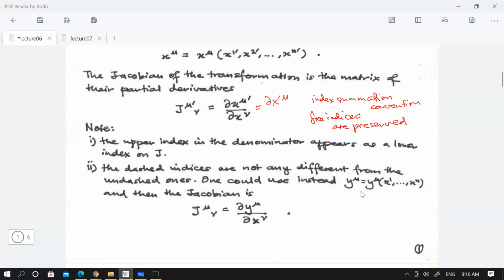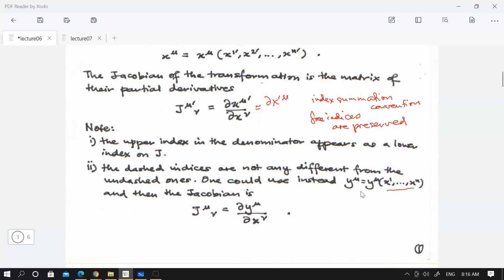Instead of x', it's really a different symbol here, y^μ as a function of x. So really, this dash doesn't say that it's a different kind of index. It's just the same.